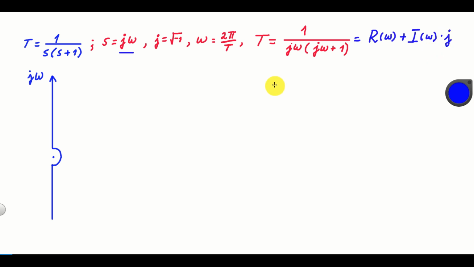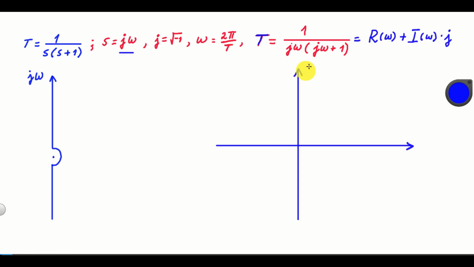To repeat, by substituting S equal to j omega, we obtain the sinusoidal transfer function, and we can represent it as the sum of the real and imaginary parts. Then we can construct a coordinate system and a complex plane, and in this new complex plane we can plot the coordinates of the points for fixed omega.